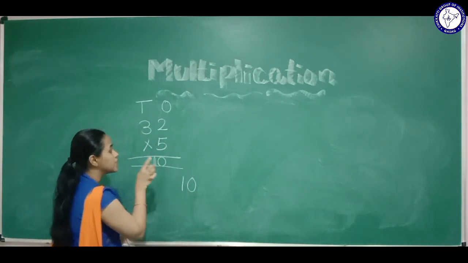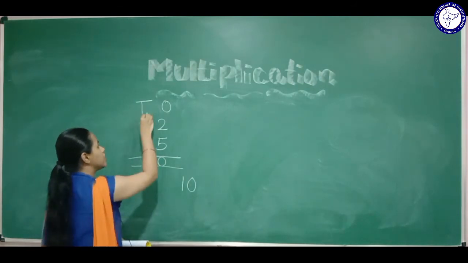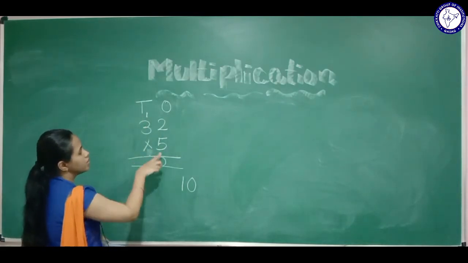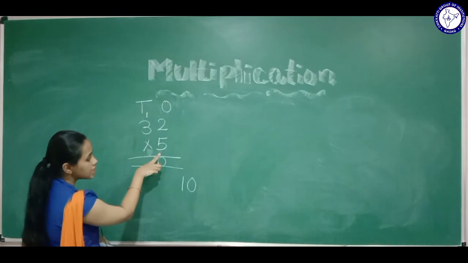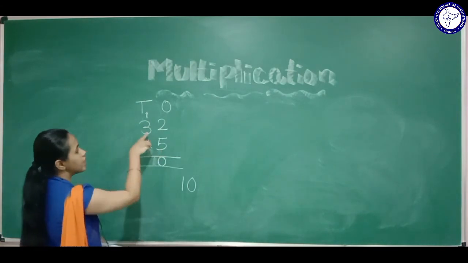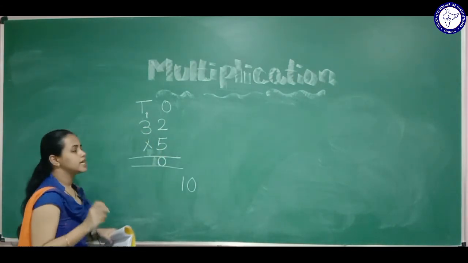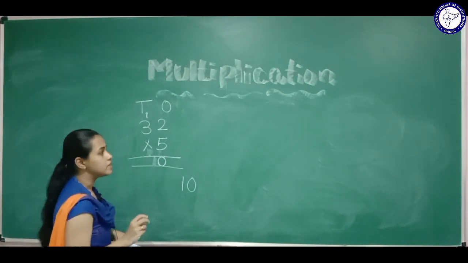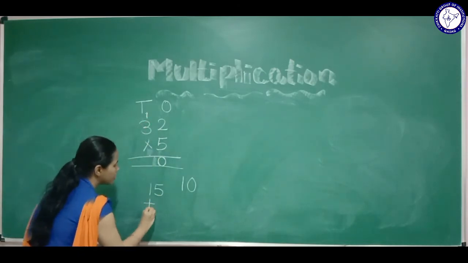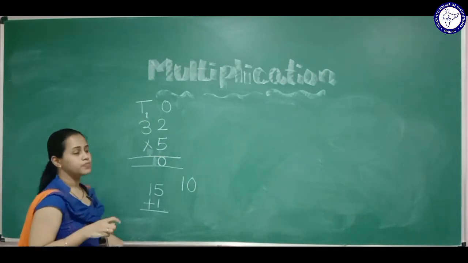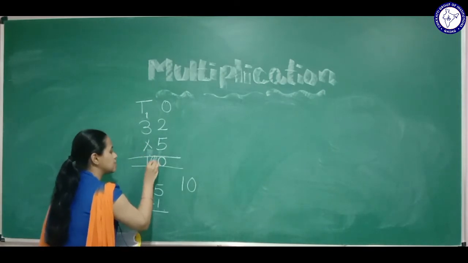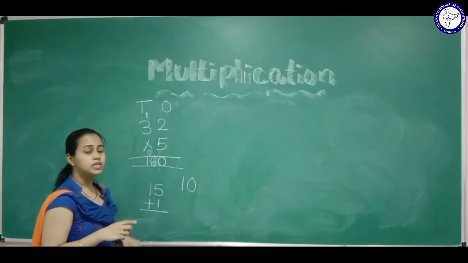So we keep the carry here, I'll just keep it here. 5 twos are 10, so I kept 1 here, 0 here. 5 3s are 15, right? 5 3s are 15 plus 1, so we should add the carry here. 15 plus 1 is 16, right? We got the answer 160.